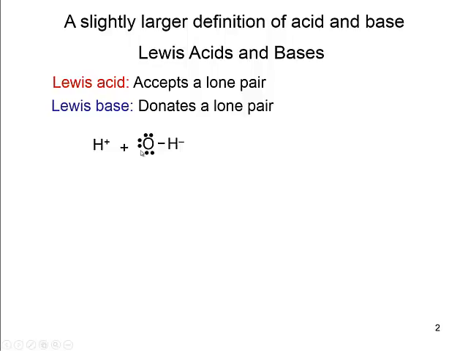The definition of a base is a substance that donates a lone pair of electrons. So hydroxide is clearly a base, and when it reacts with a proton, it donates its lone pair. A Lewis acid is any species that accepts a lone pair.